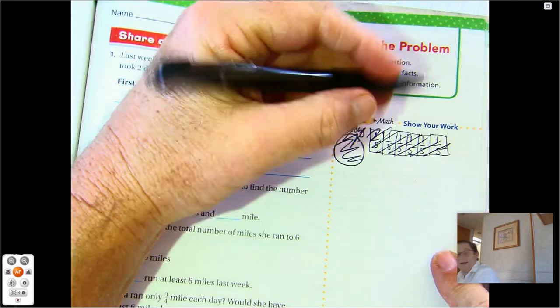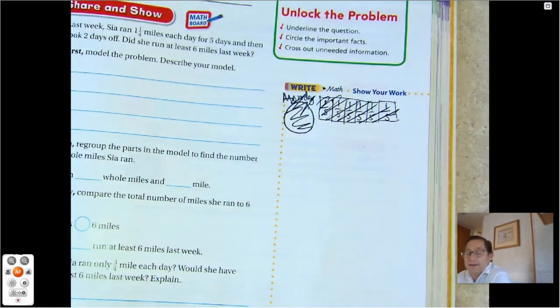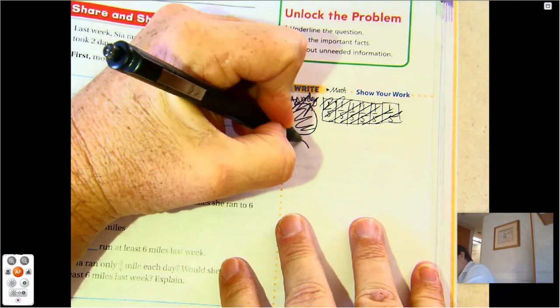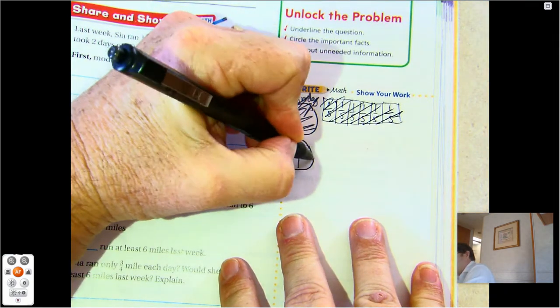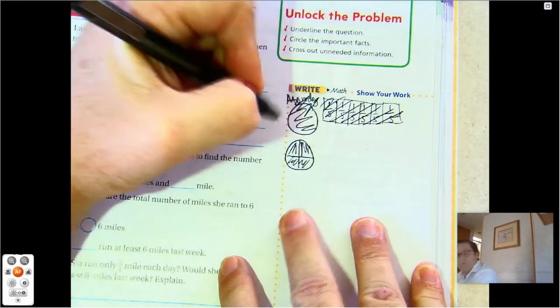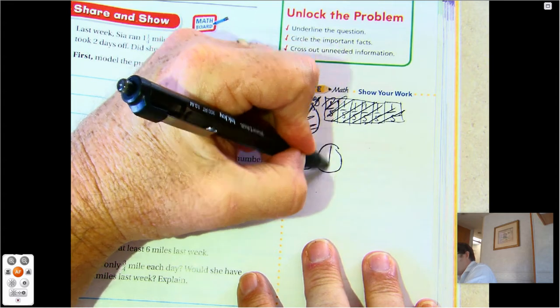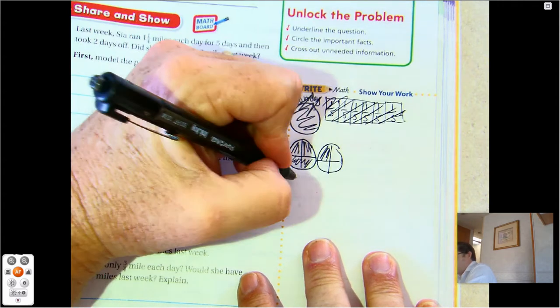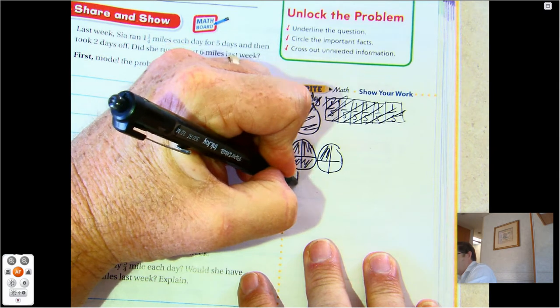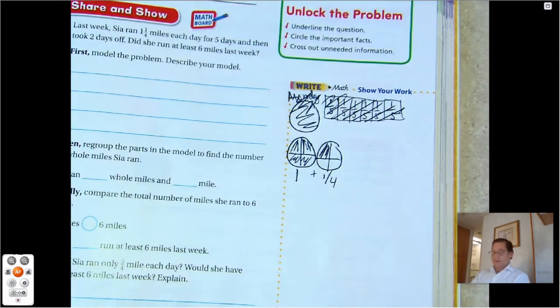Never mind. I thought it was fifths for some reason. Okay, I'll wake up here. All right, Sia ran 1 1/4 miles. Okay, so we can use circles. And so 1 full circle would be 1 mile and 1/4. So 1 1/4. Okay, that was Monday.